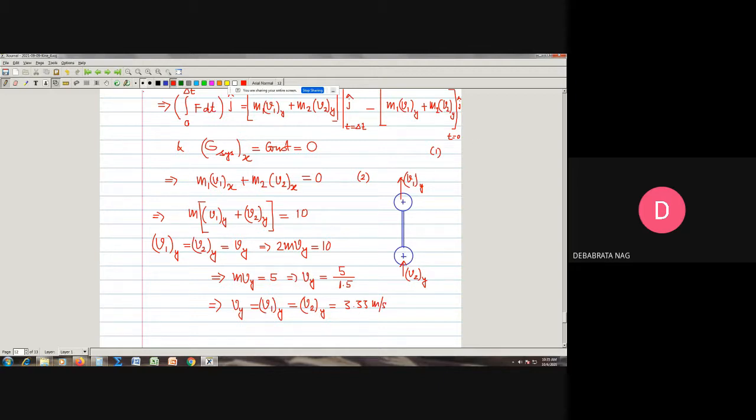But is it the total velocity of these two particles? We note that it is not so, because we have some quantity here as well.